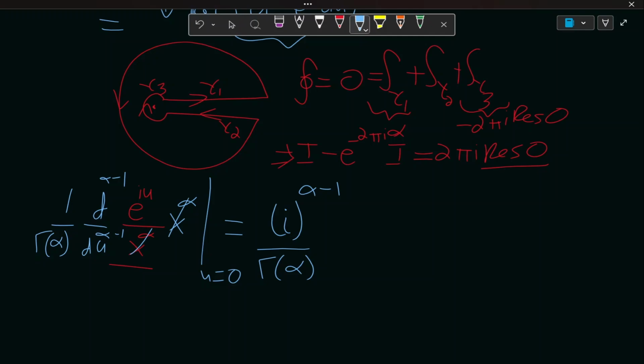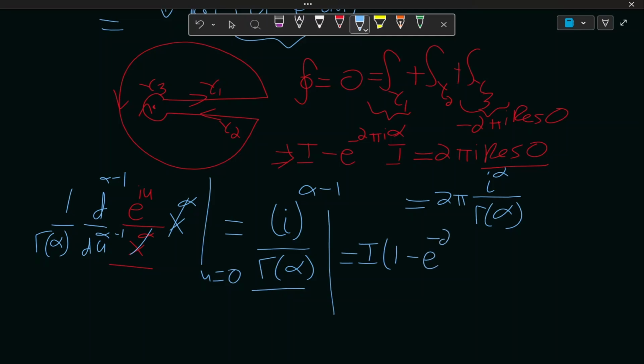So we have this right here as a residue, which means that this right here is equal to 2 pi i times i to the alpha minus 1, but we can just combine those to an i to the alpha, and then a gamma of alpha right here, which equals i times 1 minus e to the minus 2 pi i alpha.